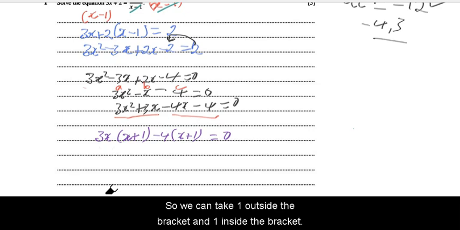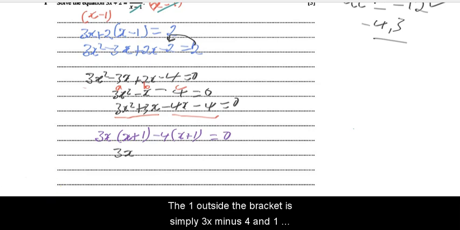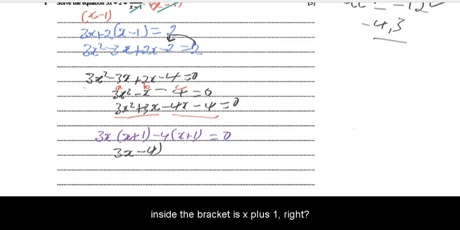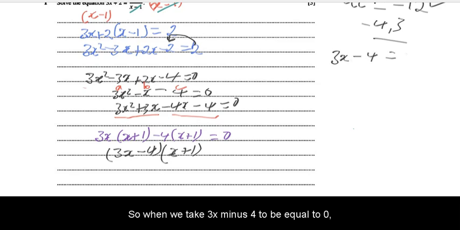So we can take one factor outside the bracket and one inside the bracket. The one outside is 3x minus 4, and the one inside is x plus 1, right? We can solve these two now to get the value of x. When we take 3x minus 4 equal to 0, we simply take 4 to the other side, and it becomes positive.